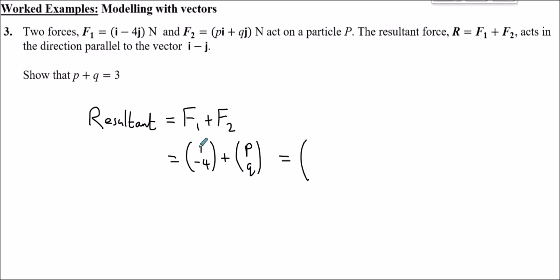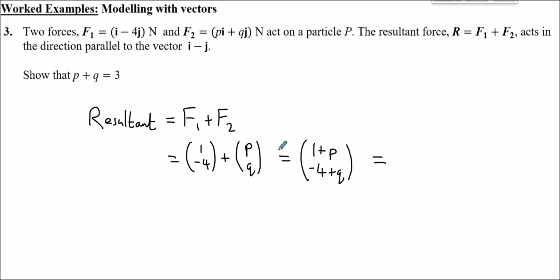So adding the i components, this is equal to 1 plus p, and the j components, this is minus 4 plus q. And we're told that this is acting parallel to the vector i minus j. We need to now remember that if a vector acts in the parallel direction to another vector, we can write this as a multiple of this other vector.